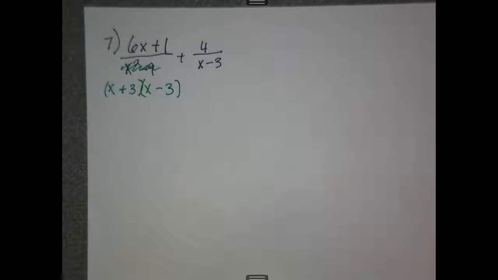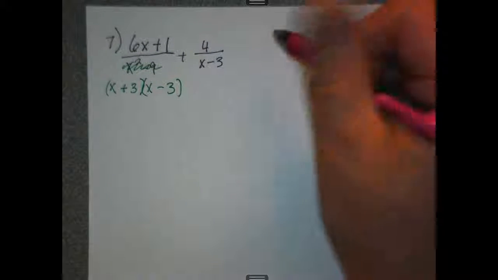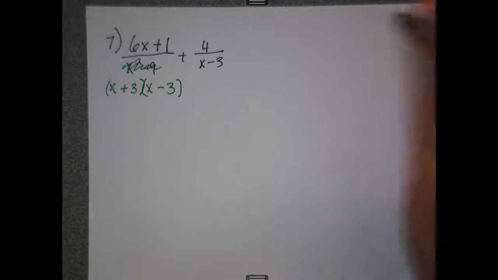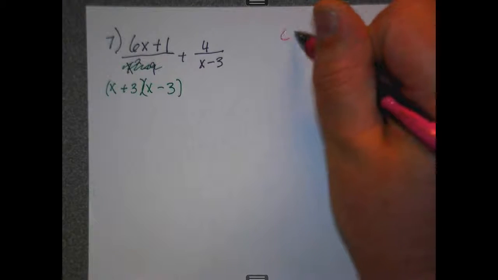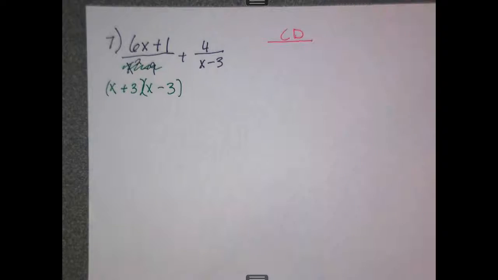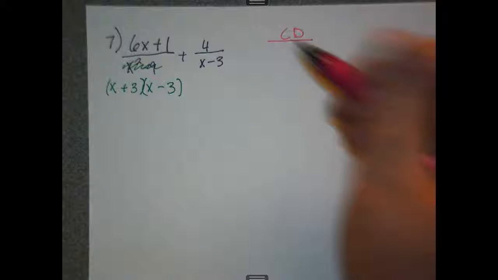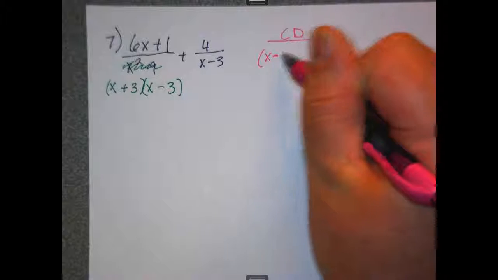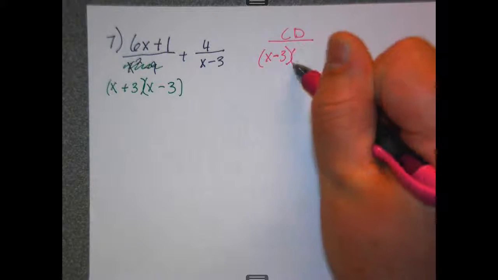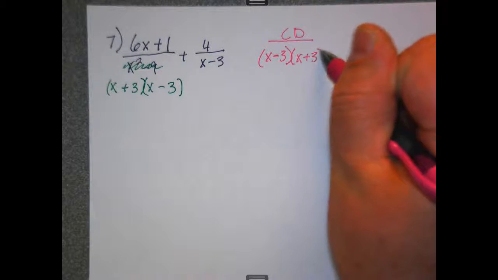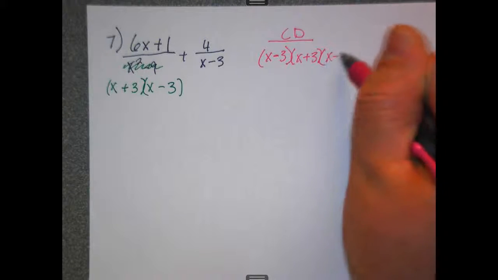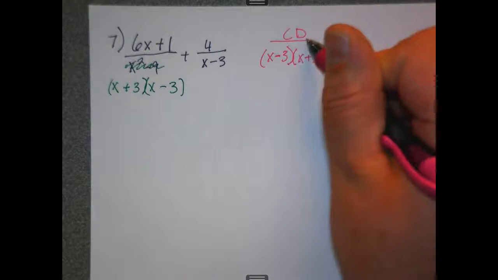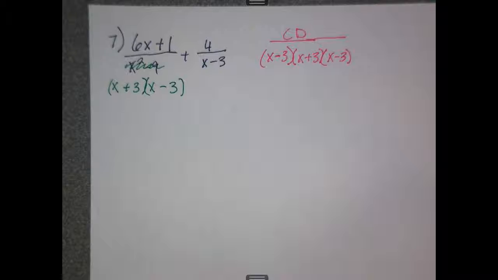Okay, let's do a common denominator here. What's my common denominator? x minus 3, x plus 3, and x minus 3. What's going to be my least common denominator?